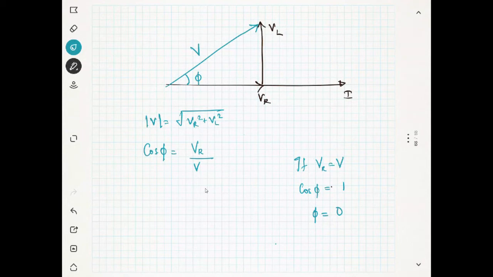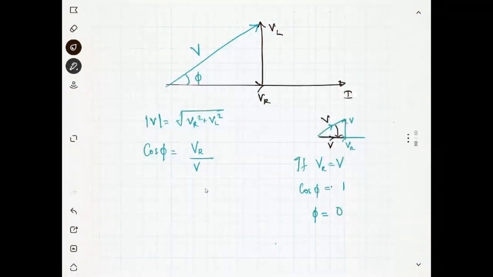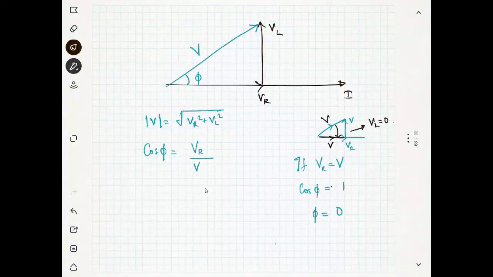Yes, because how are you getting VR equal to V? VR becomes V only in one situation. You have VL here, this is VR here, and your V is here. Now your V should move down, and you will get VR in the same direction. This is possible only if VL is equal to 0, right?